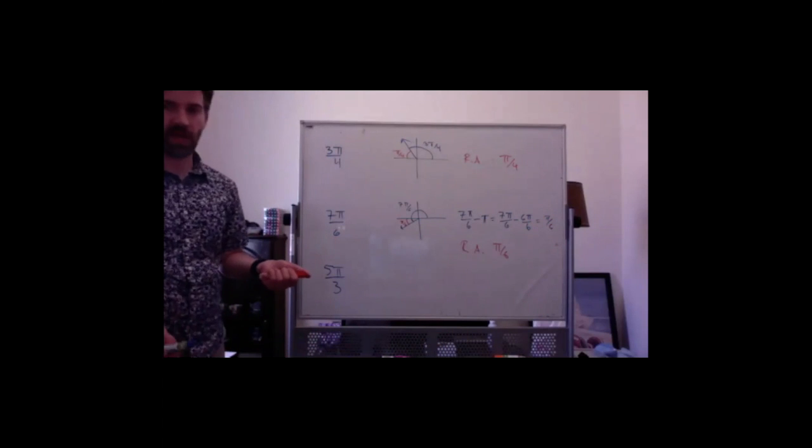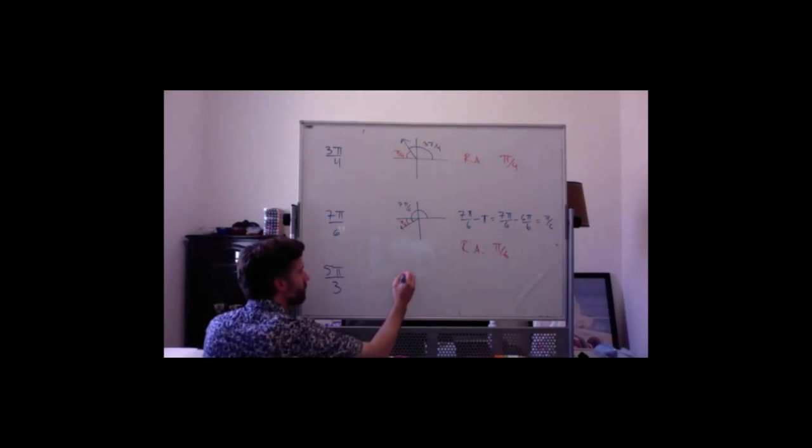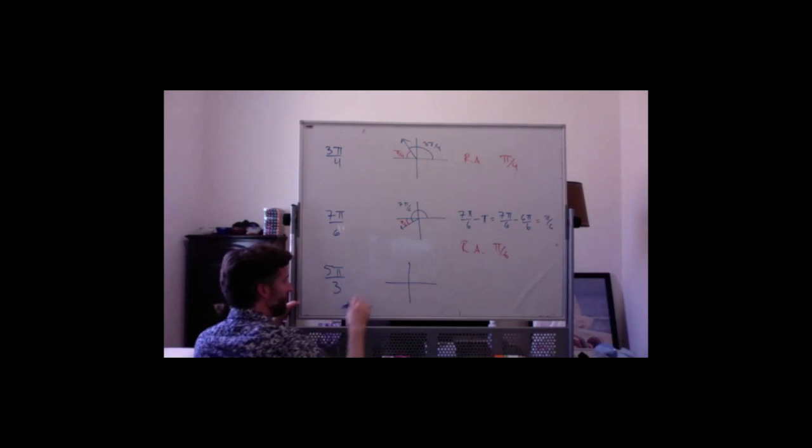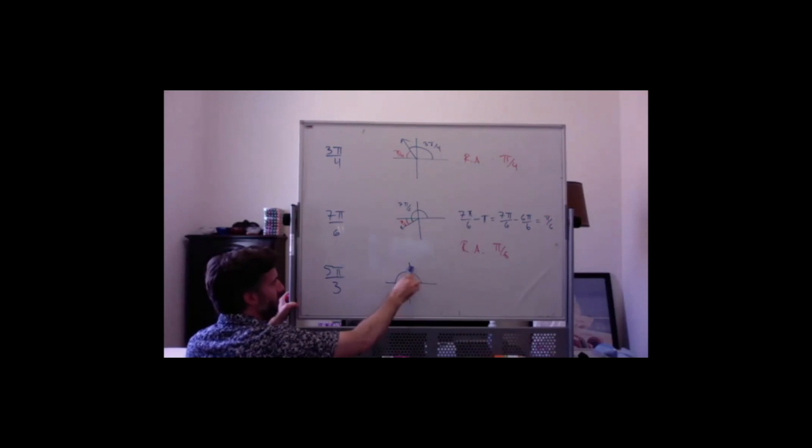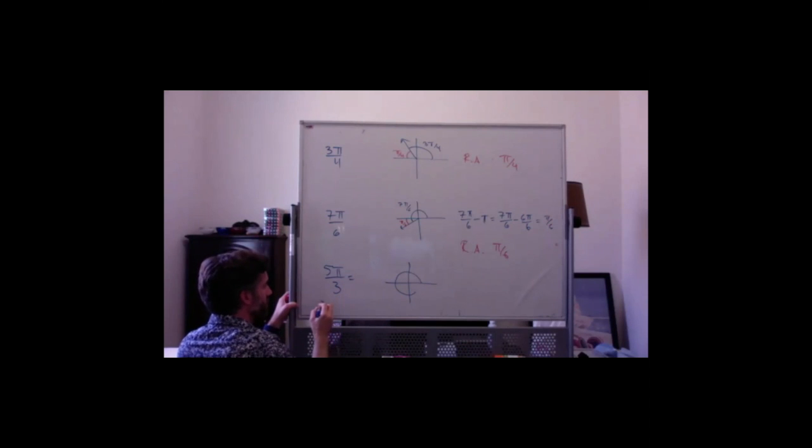And how about for 5 pi over 3? Well, that's going to end up in quadrant 4 because I'm more than 1.5 pi. There's a whole pi, 3 pi over 3, and then I've got another 2/3 pi, or 2 pi over 3.